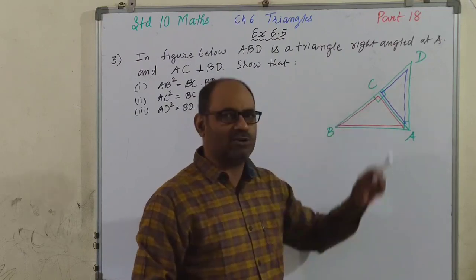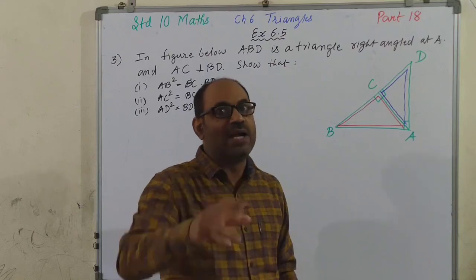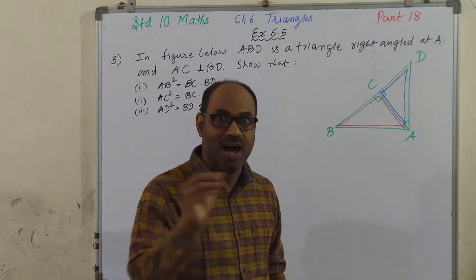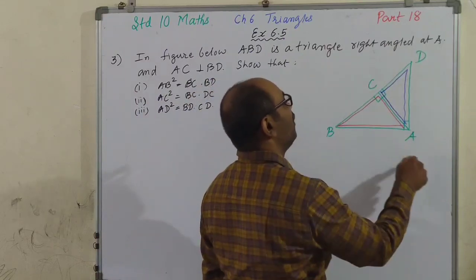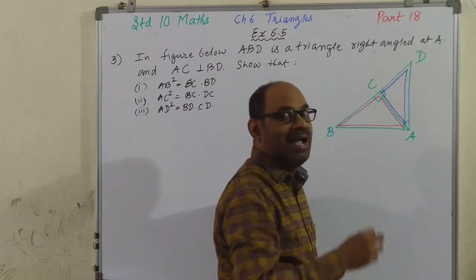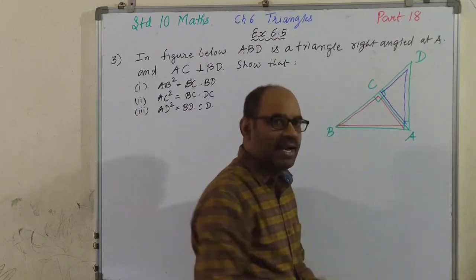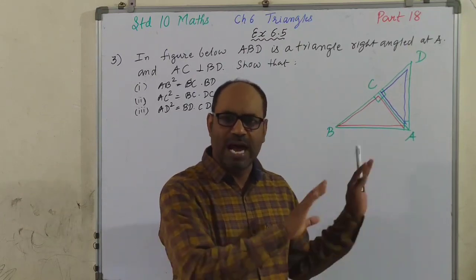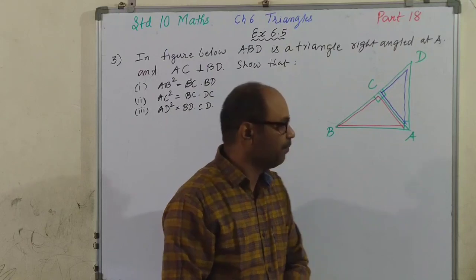They change something like this and you get confused, because you do rote learning. You learn by heart: ABC, then B, only if it is BD you understand, because you learn by heart. No, study with understanding. Then there won't be any issue, and I hope you all are understanding this chapter quite well.